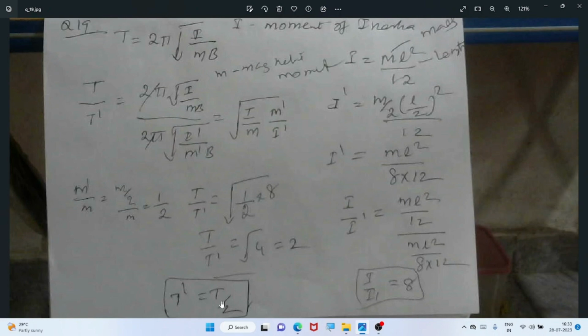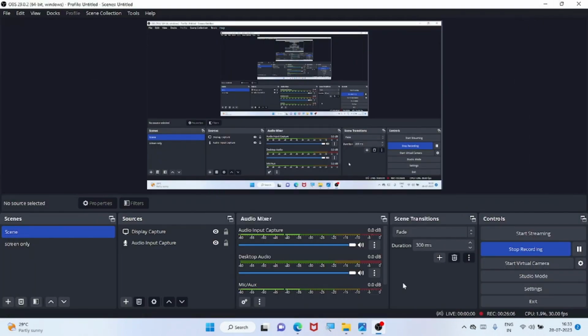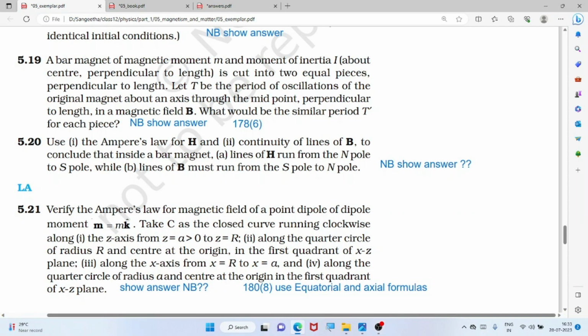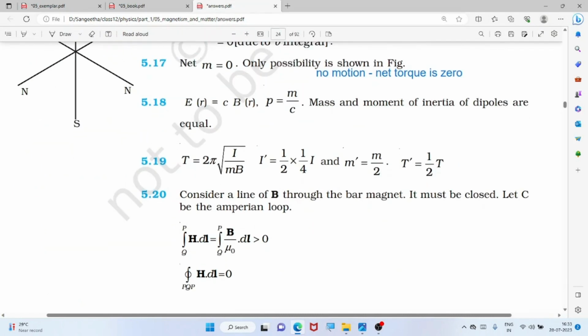T dash equals T by 2. That means less time, so it will oscillate more and the frequency will be higher.